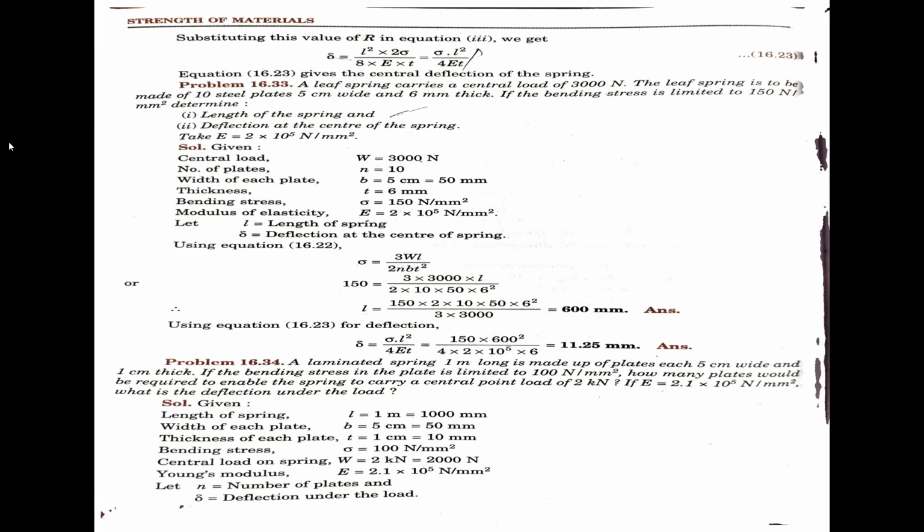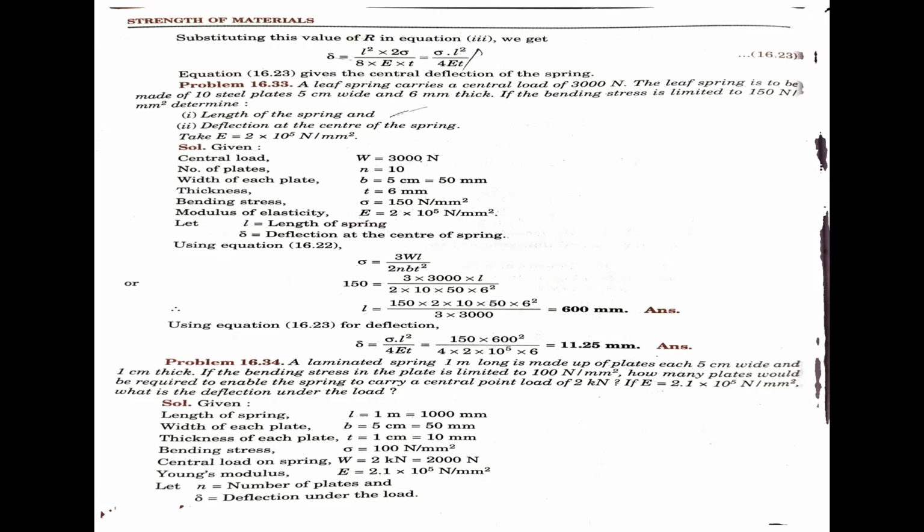The leaf spring is to be made of 10 steel plates, 5 centimeters wide and 6 mm thick. If the bending stress is limited to 150 Newton per mm square, we have to determine the length of the spring and deflection at the center of the spring. These are the two parameters we have to calculate.